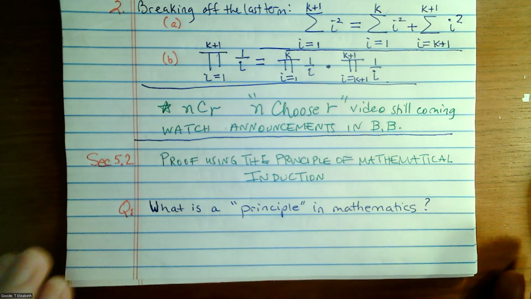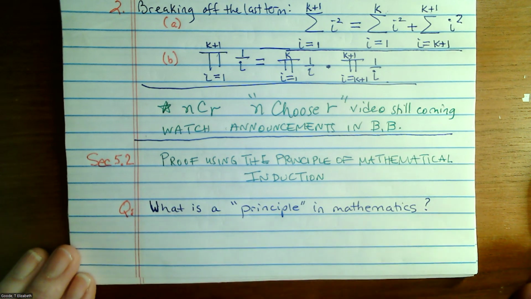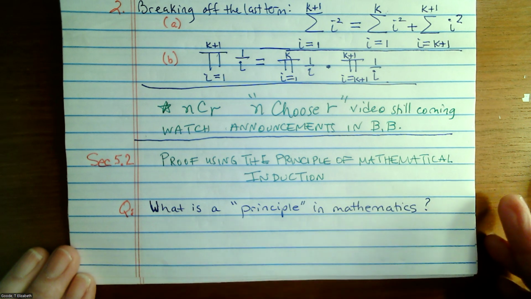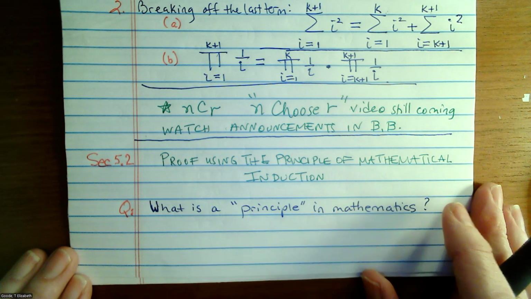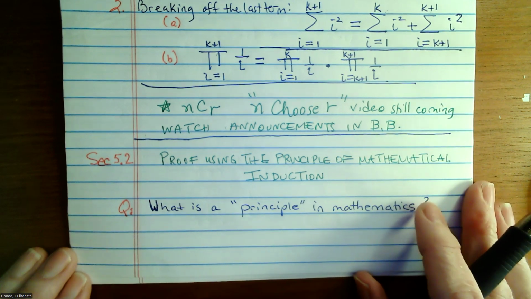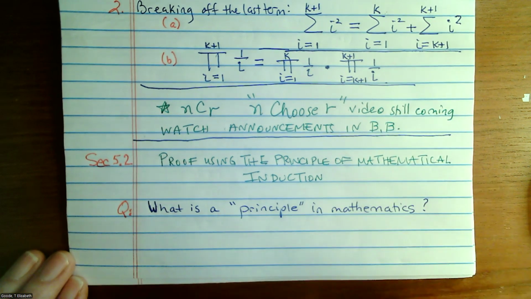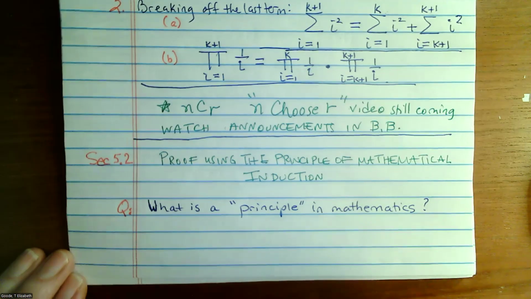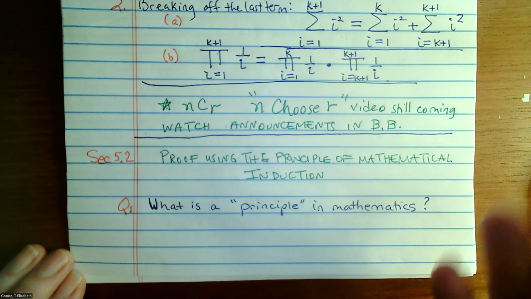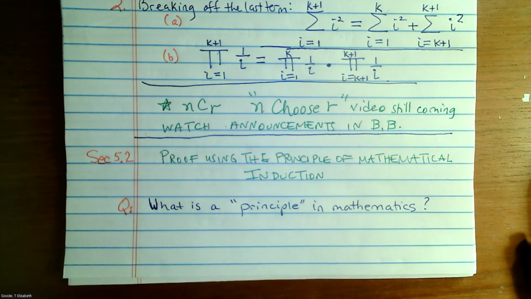I'll tell you. It's a statement that's so obvious that we accept it as being true without even proving it. I'll give you an example. Sometimes we call them axioms. Here's an axiom or a principle that you know about, and I'm sure it won't sound at all strange.